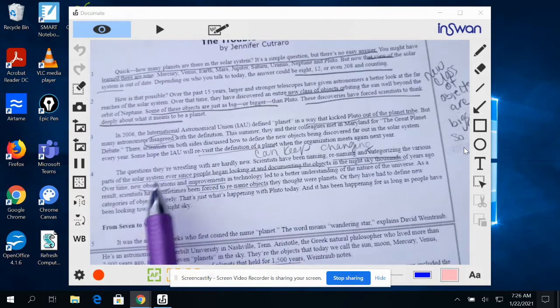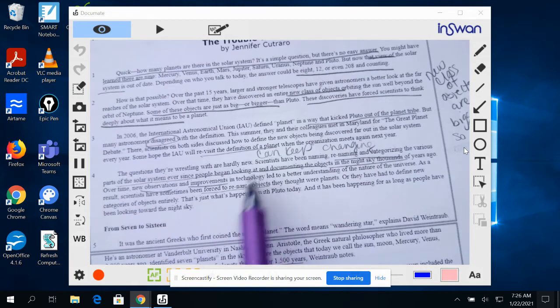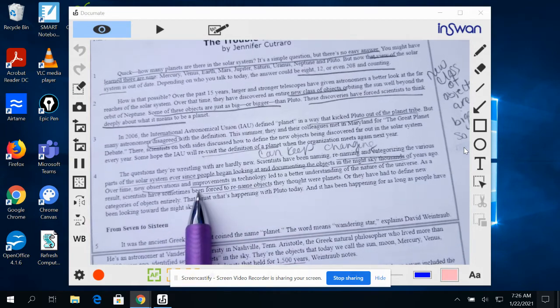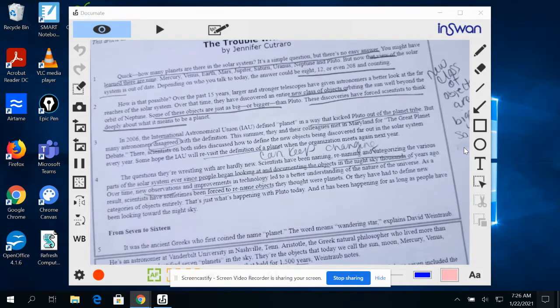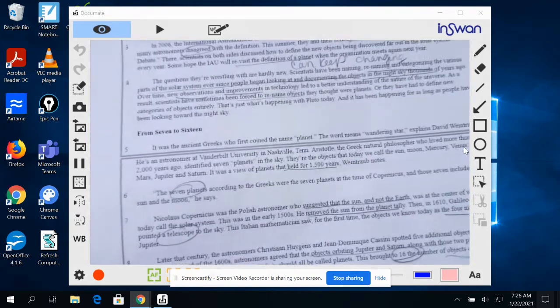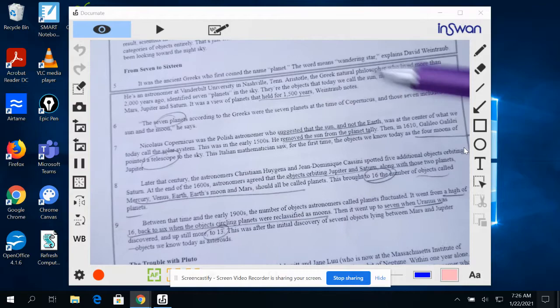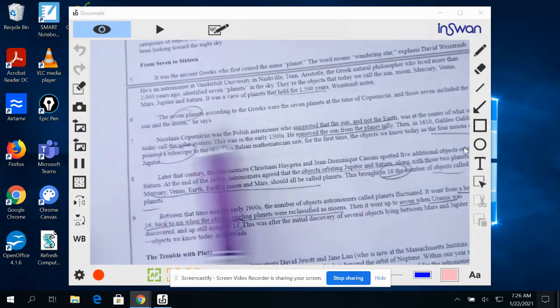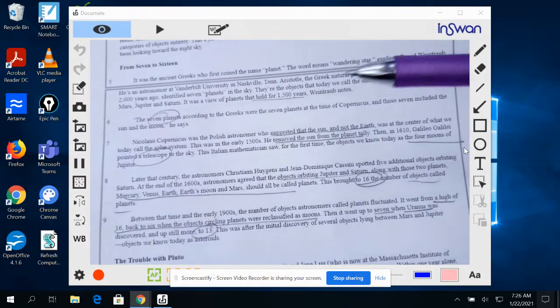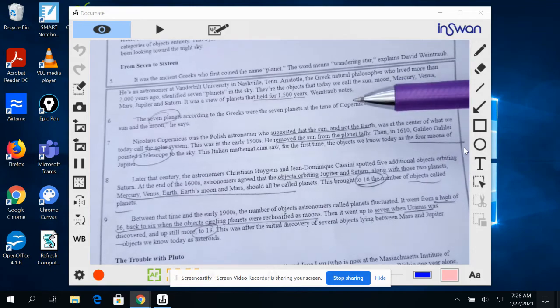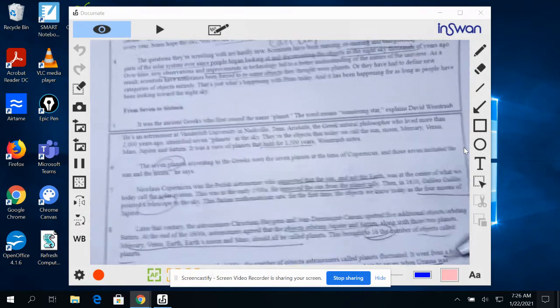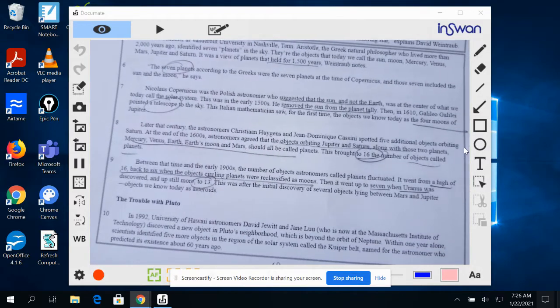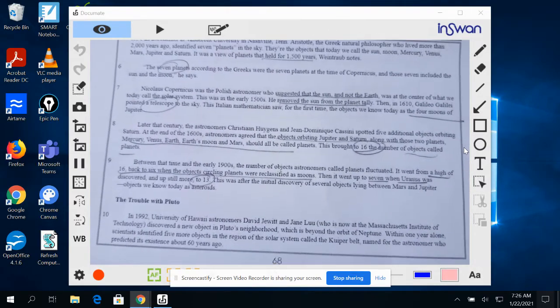When we have new observations and improvements in technology, they can cause us to have to rename objects that we originally classified as planets. So I thought that was really interesting. And then I looked at this next section and I noticed the way that, again, the definition of planet had evolved over time, and therefore the number of planets changed over time. I thought that was really interesting.